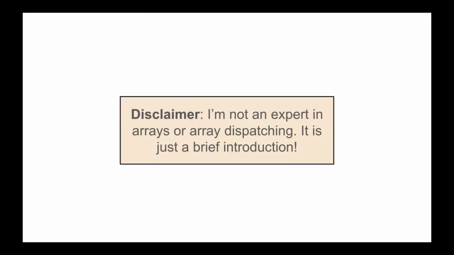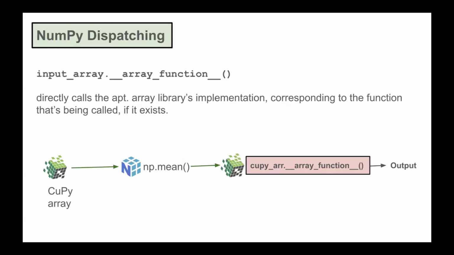And in NumPy, I am not an expert in arrays or array dispatching. I just worked on scikit-image, and images are NumPy arrays. So I'm just giving a brief introduction. In NumPy, there is this __array_function__ dunder, which, if you pass a CuPy array into a NumPy function, will take that CuPy array object and try to run this __array_function__.